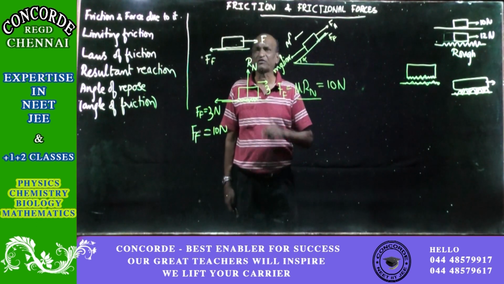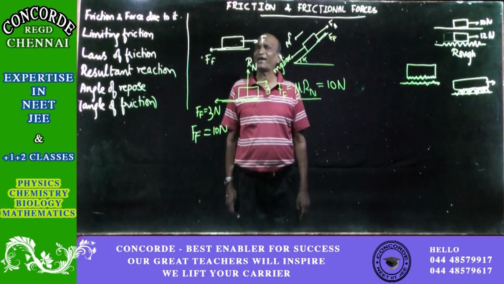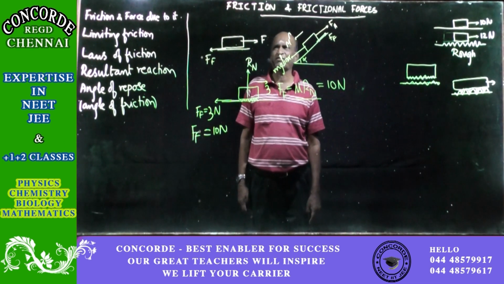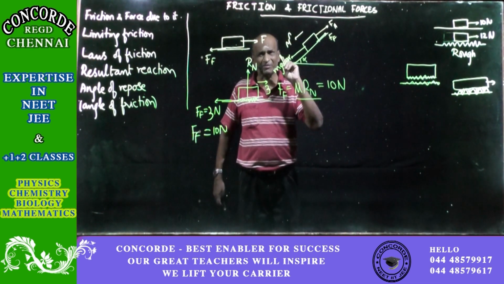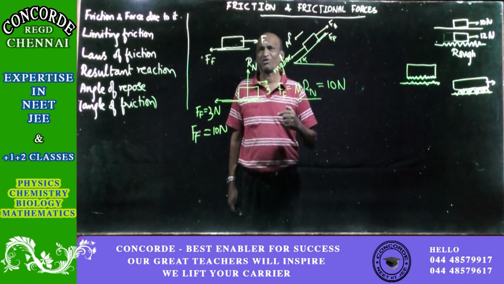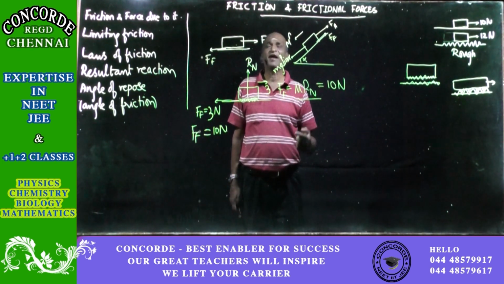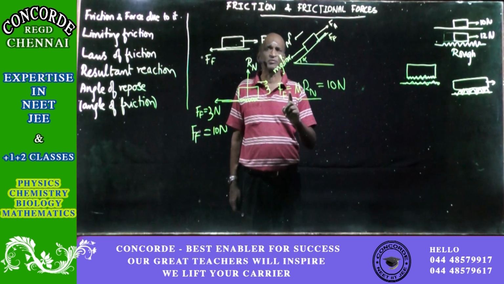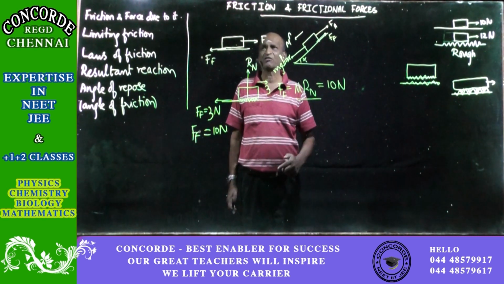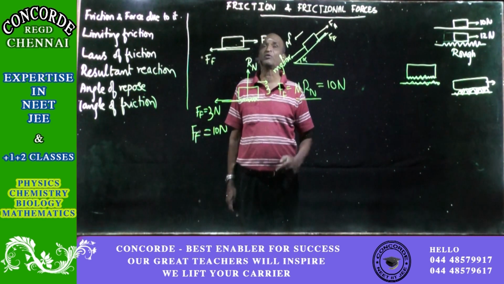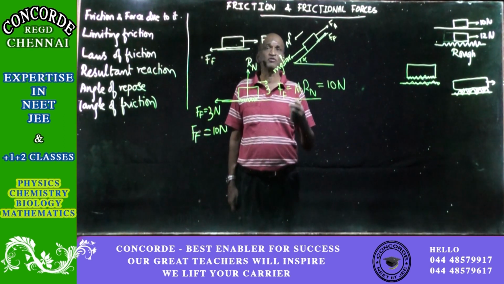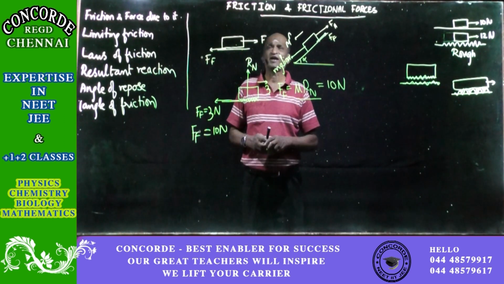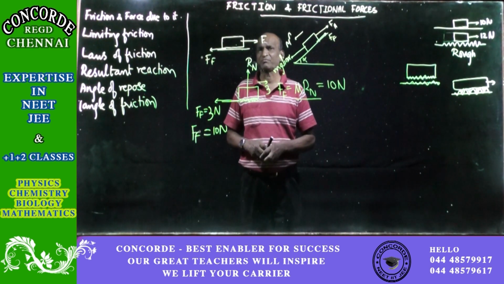At that time the equilibrium is called limiting equilibrium. When limiting equilibrium is there, the friction existing is called limiting friction. You can balance the forces in different directions only when there is limiting equilibrium: the body is at the point of moving, or the body is moving with some velocity. Under all such circumstances, balance the equations.